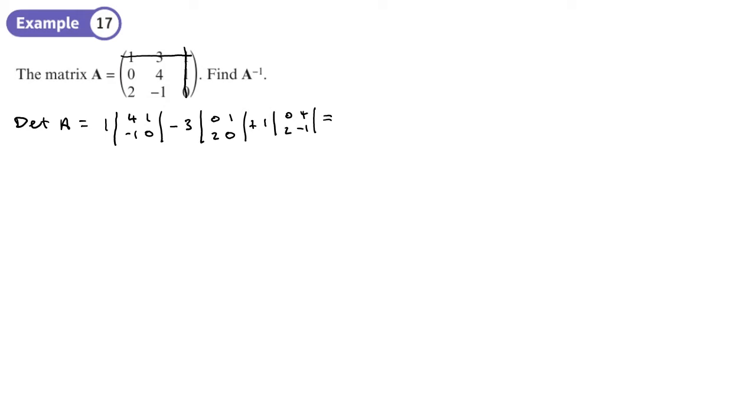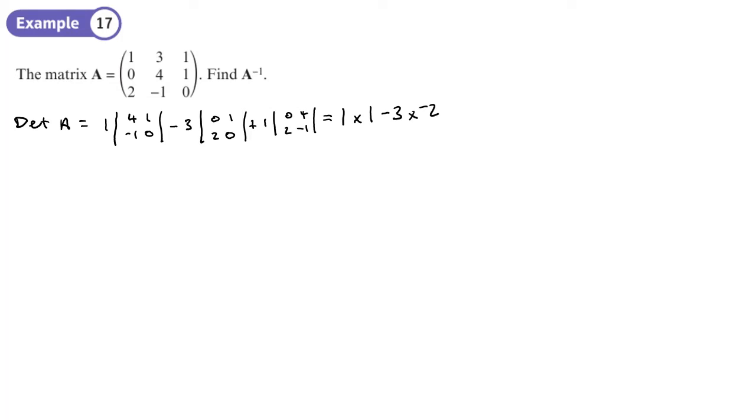Okay, so let's work out what this is. This will be the determinant. So I get 1 times 4 times 0 minus 1 times 1, which is basically 1 times 1, minus 3 times 0 minus 2, so that's 3 times negative 2.